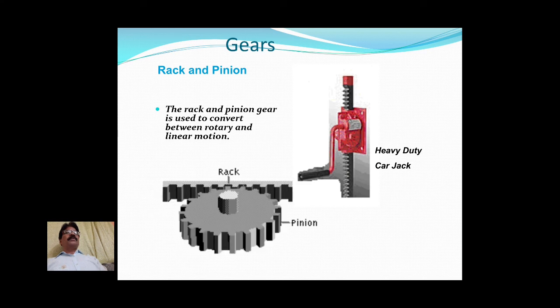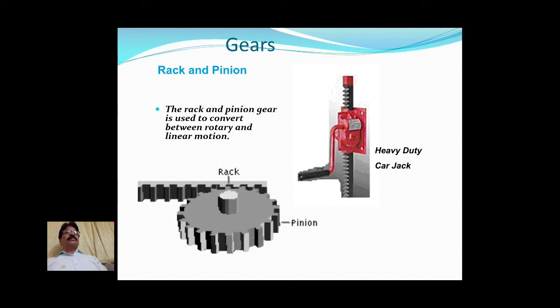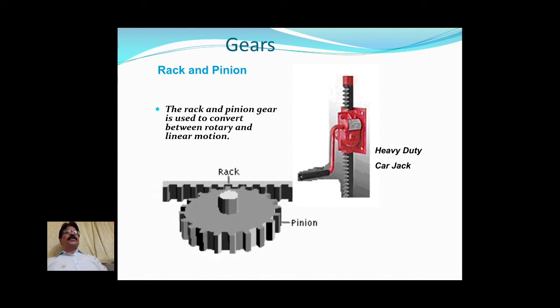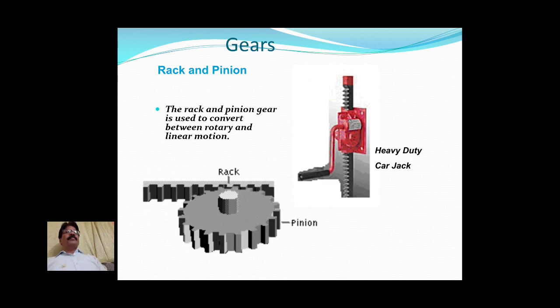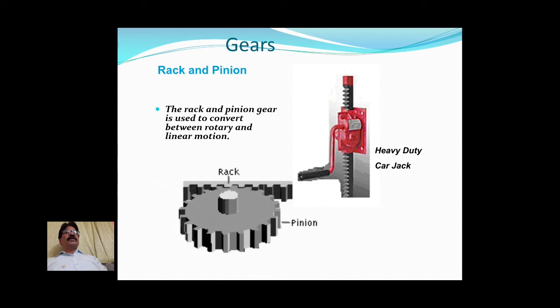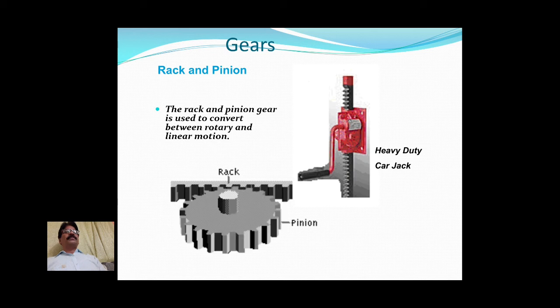Here the heavy car is lifted by using a rack and pinion mechanism. This is called the rack and pinion mechanism. The linear motion and the rotational motion are related with it. Rotational motion can be converted into linear, or linear motion is converted into rotational.